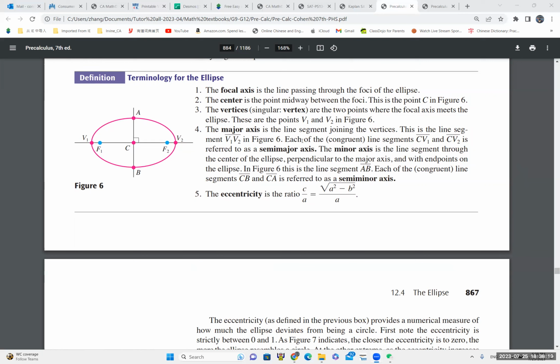Then what to call AB? Okay, the minor axis is a line segment through the center perpendicular to the major axis. Here it's segment AB. Semi-minor, semi-major. Eccentricity is the ratio of c over a.